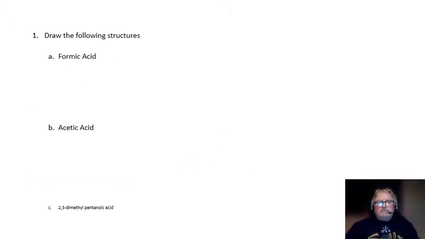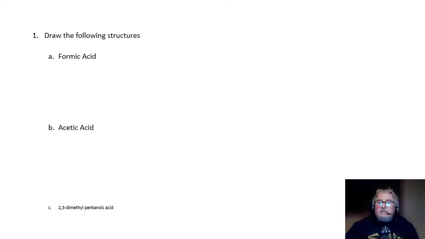For the carboxylic acids, you have to know how to name them or draw them. The first two are the single carbon carboxylic acid and the two carbon carboxylic acid. If you know methane, ethane, all that, you can draw them.